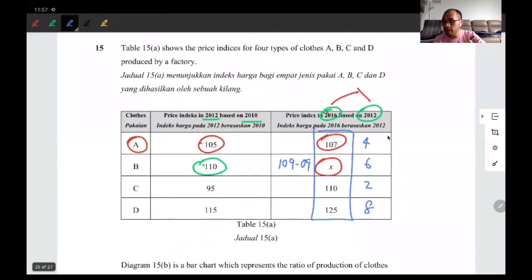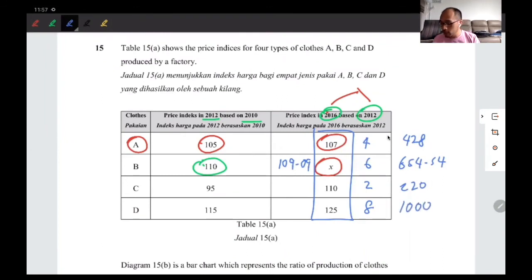Okay, so multiply first lah. 107 times 4 will give me 428. 109.09 times 6 will give me 654.54. This will give me 220. 125 times 8 will give me 1000.